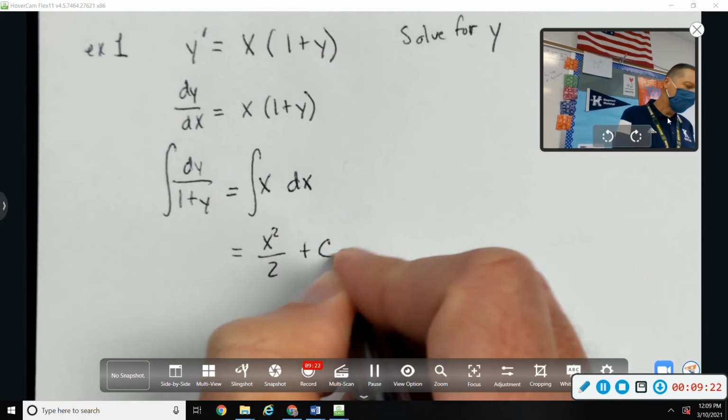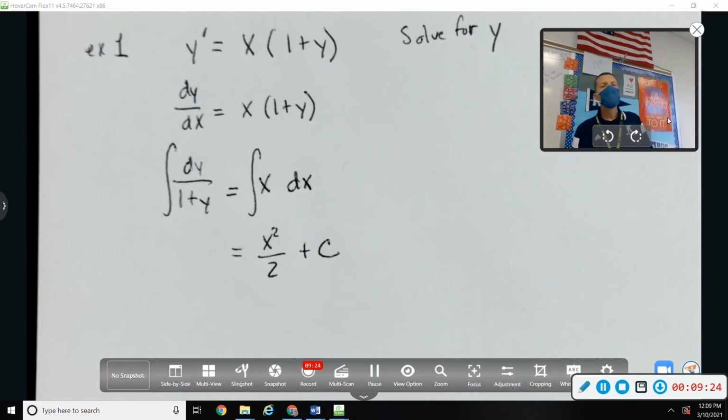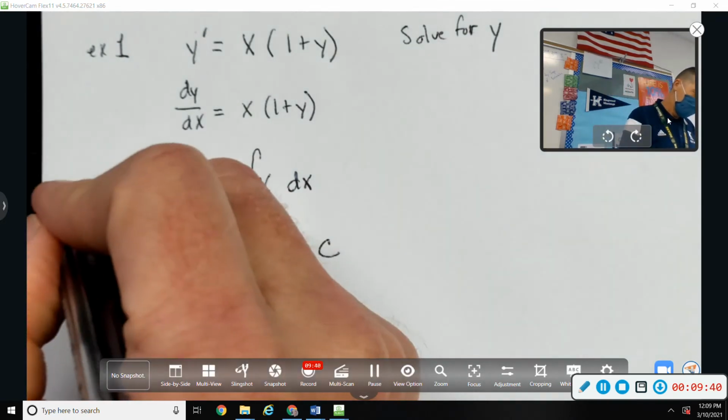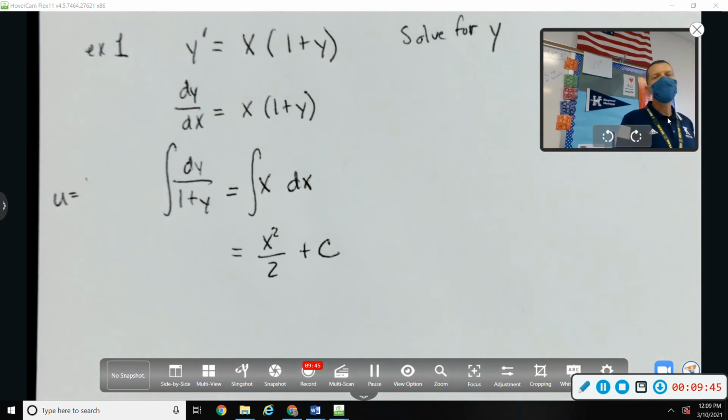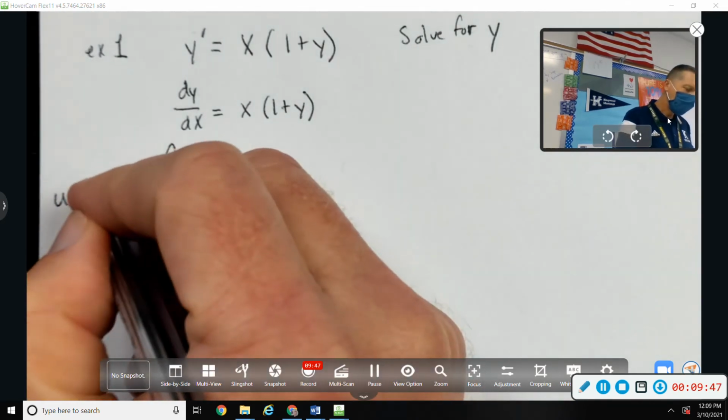Right hand side's easy. How about the left hand side though? We can do u-sub, and not tangent. Tangent would be 1 plus y squared. Let's do u-sub and see what happens. If I let u be, well, what do you want to let u be? 1 plus y.